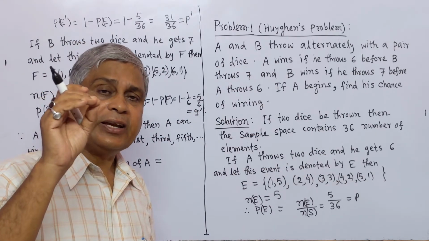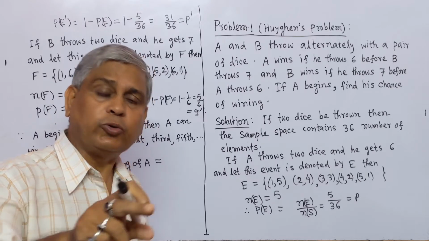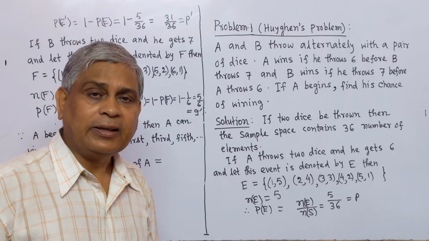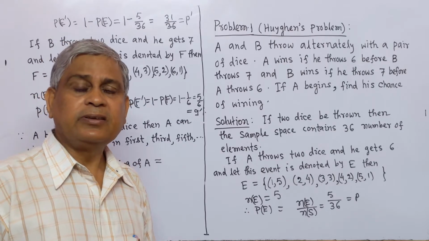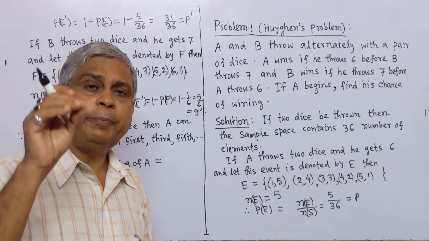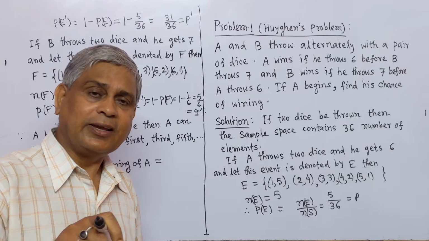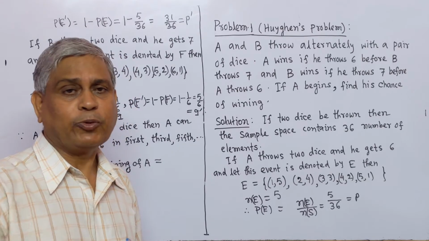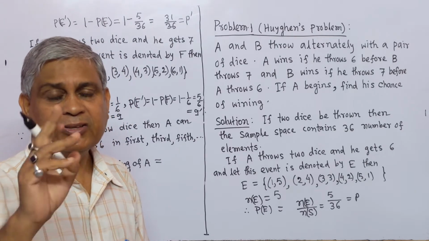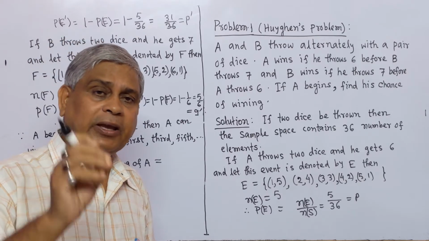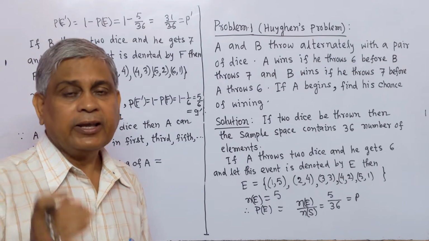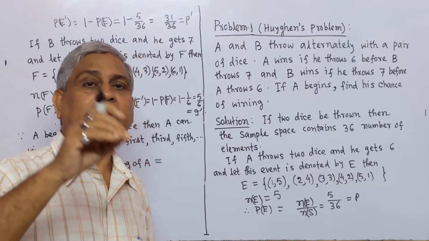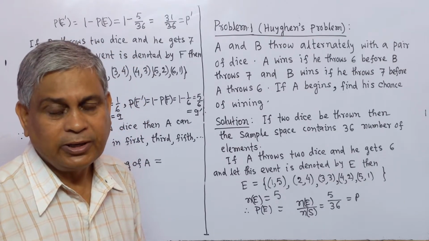And in the second throw, if B does not win, then in the third throw A will throw 2 dice. And if he wins in the third throw, then our problem will be solved. That means if he wins in the first throw, our problem will be solved. If he wins in the third throw, then our problem will be solved.